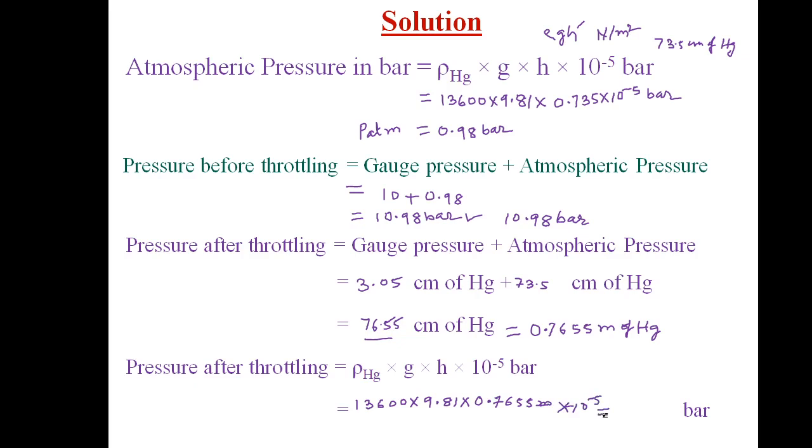If we simplify this, we get 1.021 bar. So both pressures we have converted into bar. Before throttling it is 10.98 bar, and after throttling it is 1.021 bar.